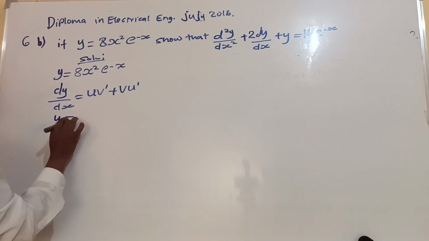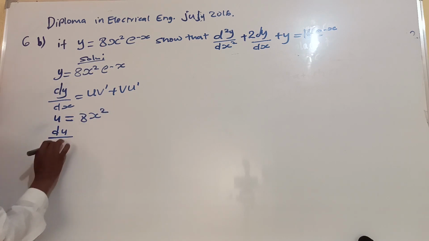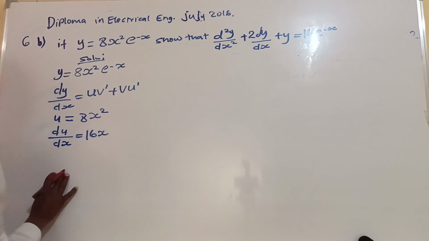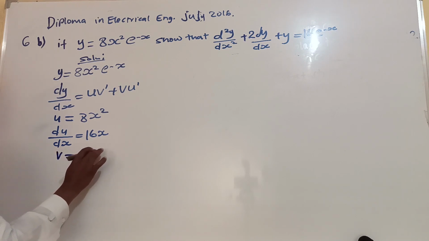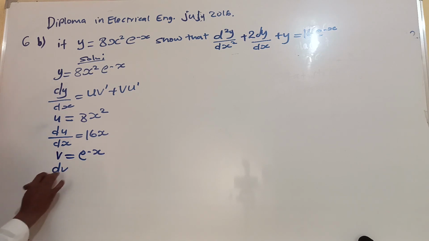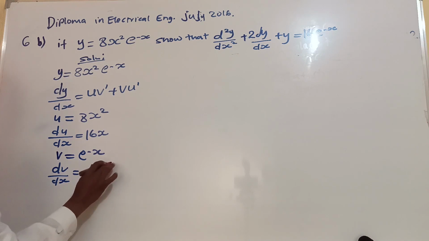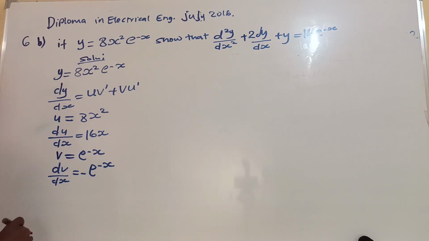Our u is 8x squared, our derivative of u with respect to x is 16x, our v is equal to exponential negative x, our dv dx is equal to negative exponential negative x. I think this one we have already done in previous method, so it takes less time.